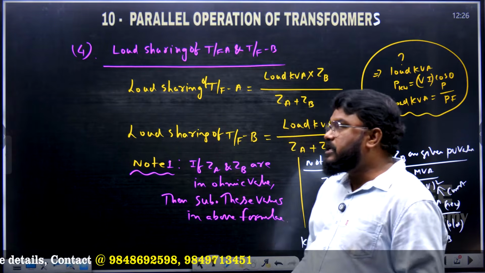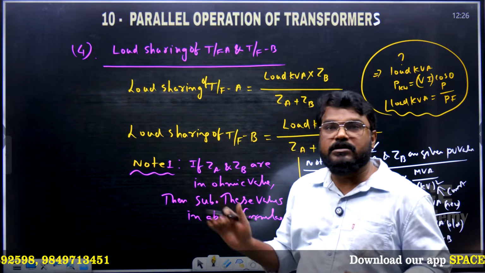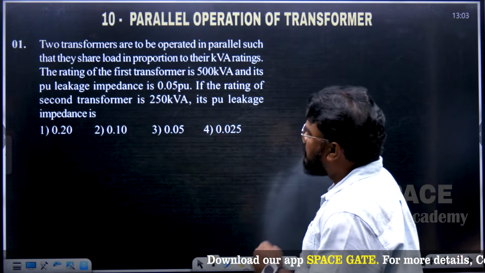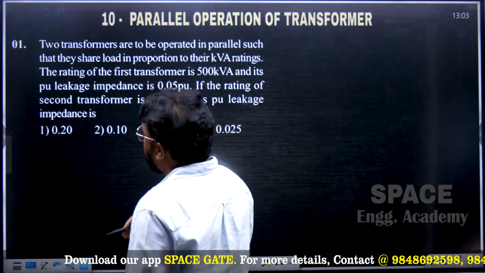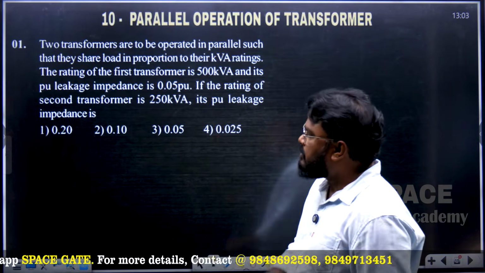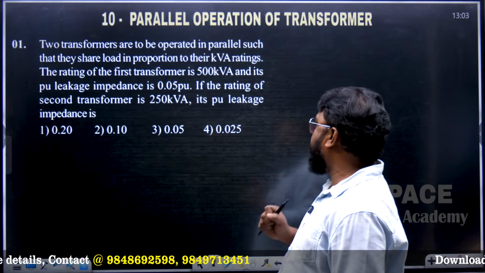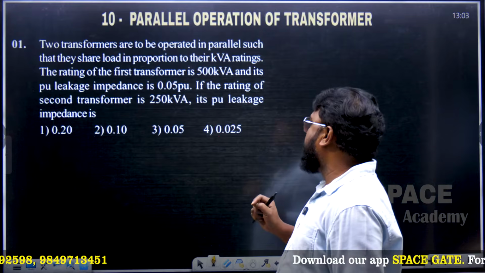Okay, so this was short notes from the parallel operation of the transformers. Let us solve some questions based on this concept. Question number 1: two transformers are to be operated in parallel such that they share the load in proportion to their kVA rating. The rating of the first transformer is 500 kVA and its per unit impedance is 0.05 per unit.